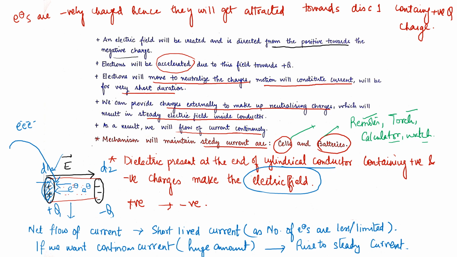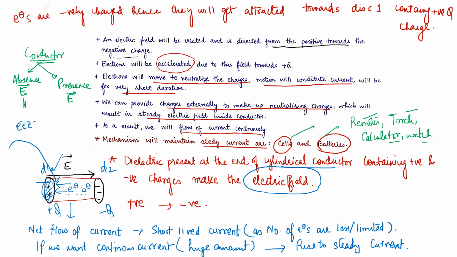So this is how the charges are being conducted, and the substance which is conducting the charges is called a conductor. A conductor behaves differently in the absence and in the presence of an electric field.